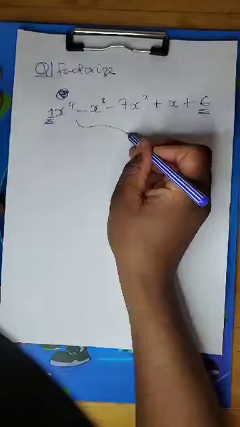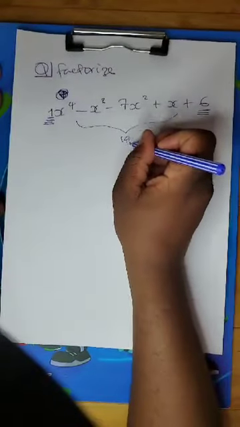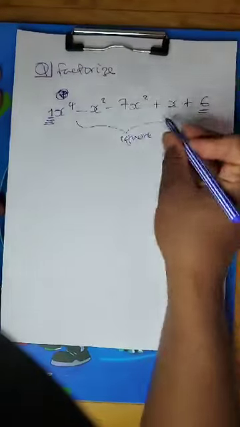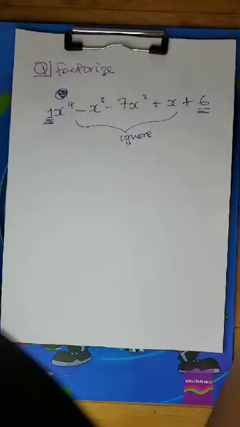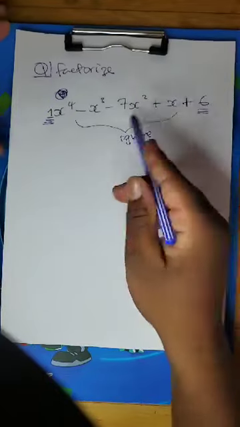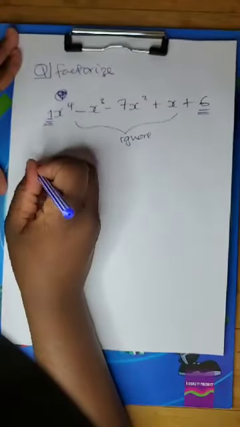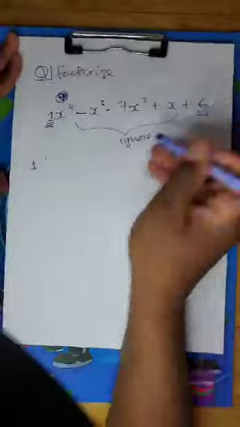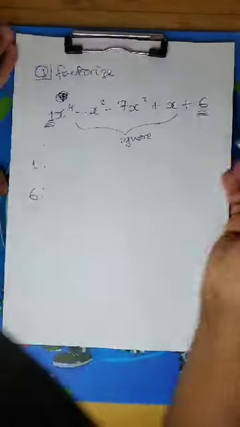The ones in the middle, we said we ignore. It doesn't matter how many they are. So just focus on the first number and the last number. We'll write the first number, that will be 1, and the last number, that will be 6.